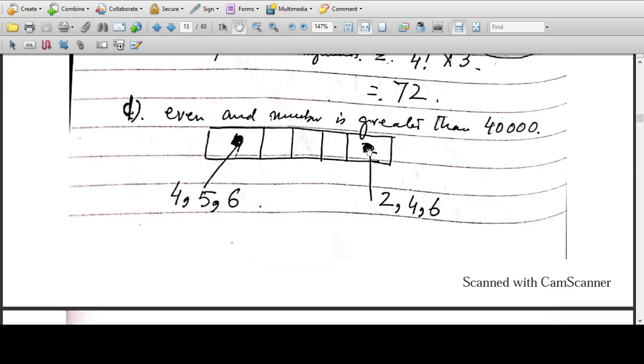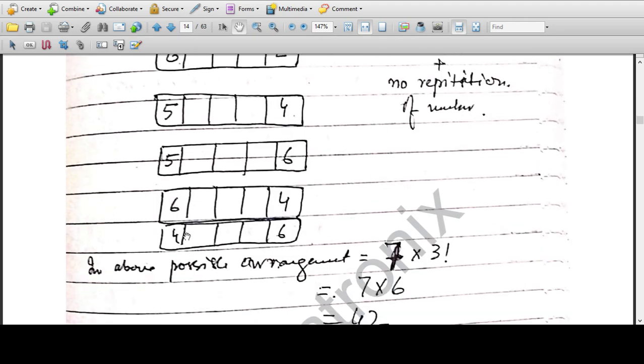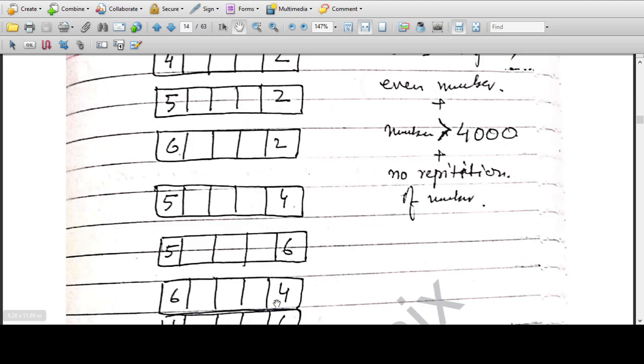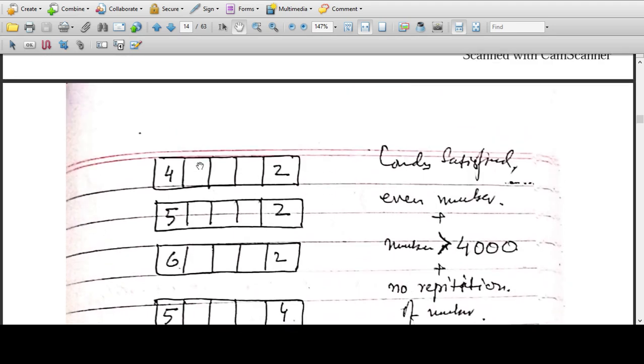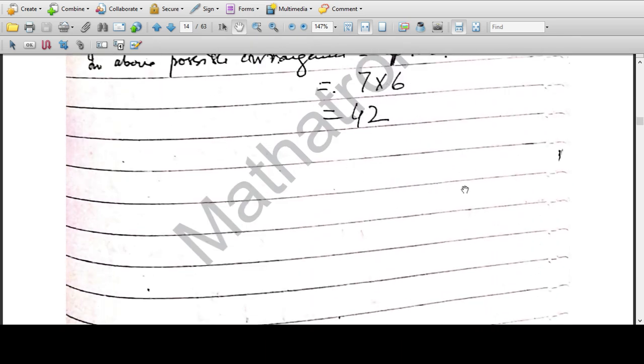And if we place 6 with 4, or 4 with 6, so these are the possibilities. So there are 7 possibilities, and the remaining 3 numbers can be arranged in any way. So the possible arrangement is 42.